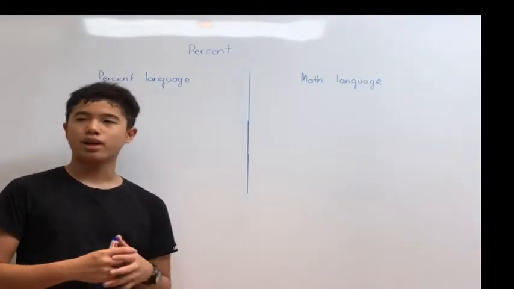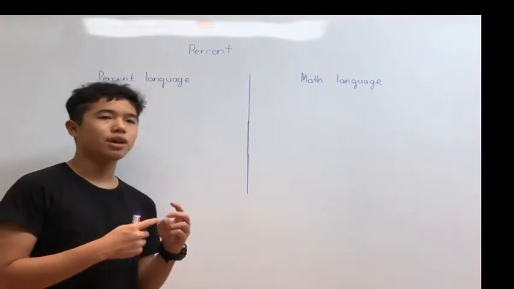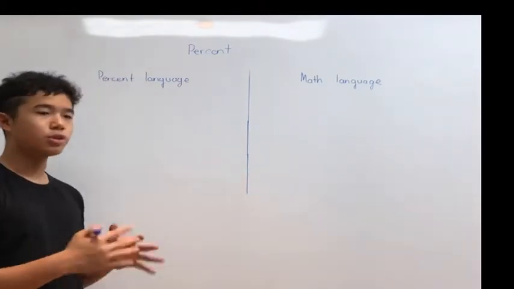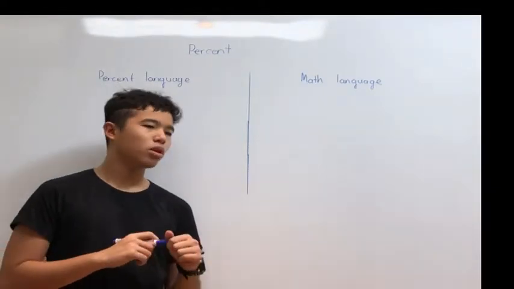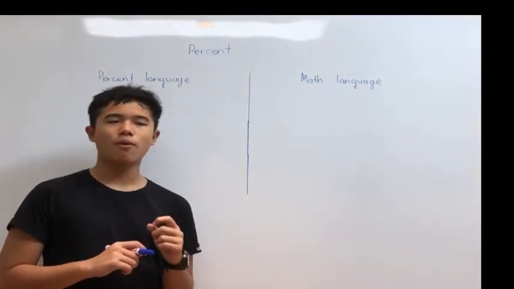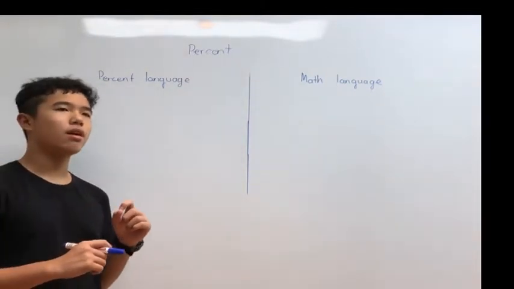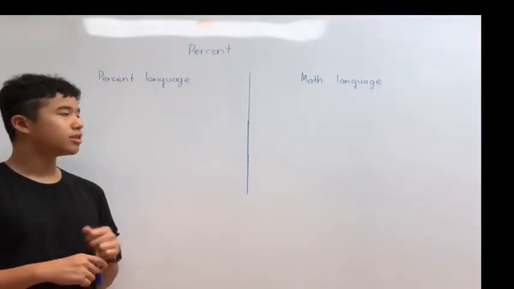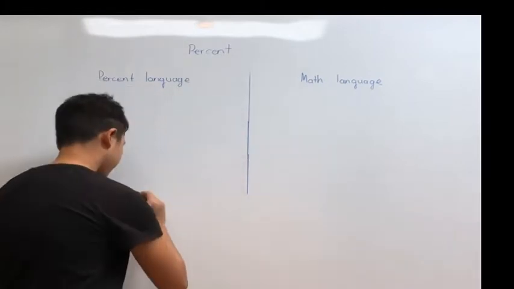There are two kinds of language in this kind of equation. The first one is percent language, which means what they're given. For example, 24 is what percent of 60, or something like that. Let me write that for you.